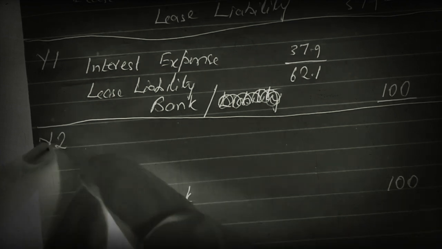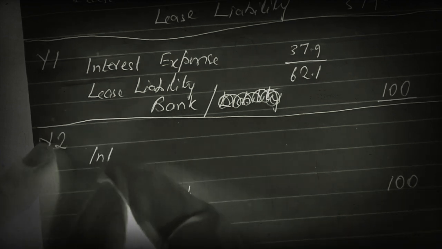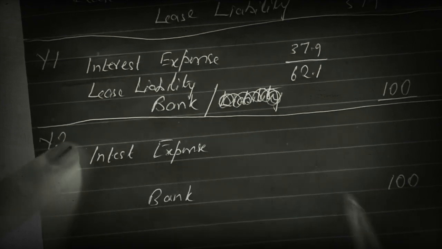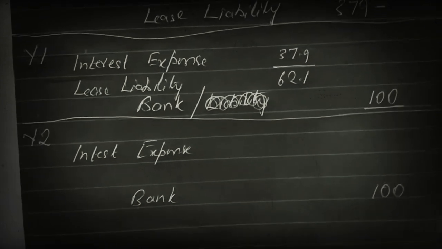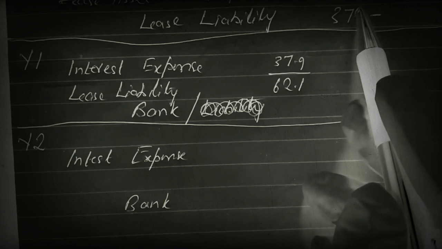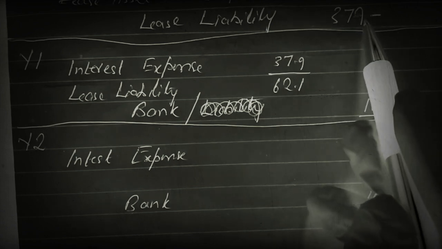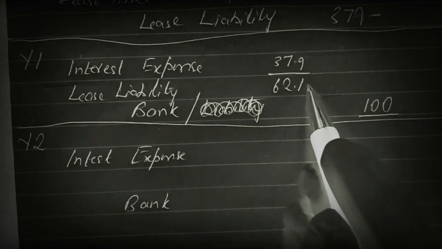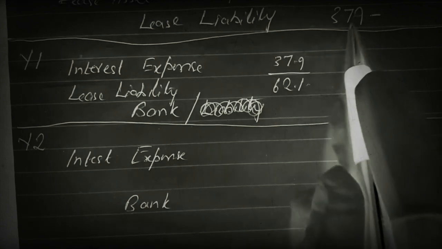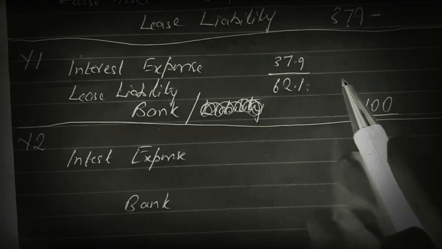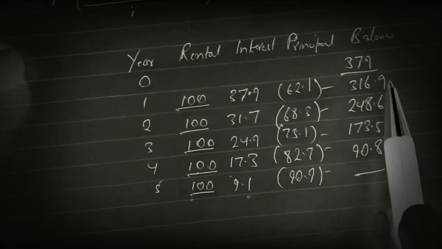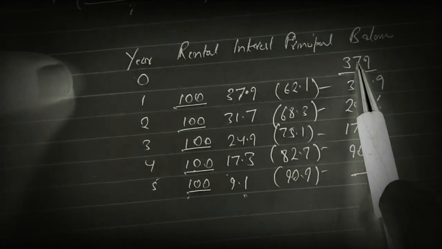And now this time the interest expense will not be recorded on the basis of $379. Why? Because we have already reduced this liability at the end of the previous year. So for this year, the interest would be charged at this amount, and this is the amount which has been represented in our payment schedule.